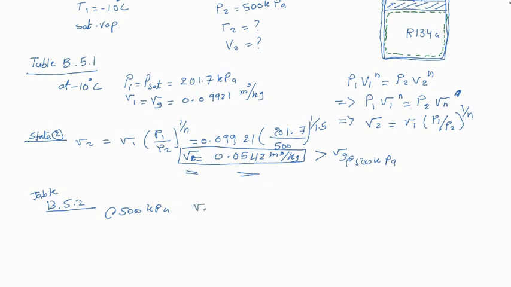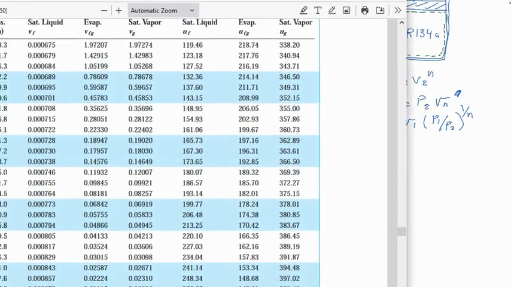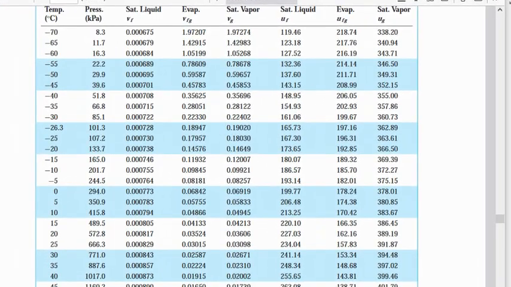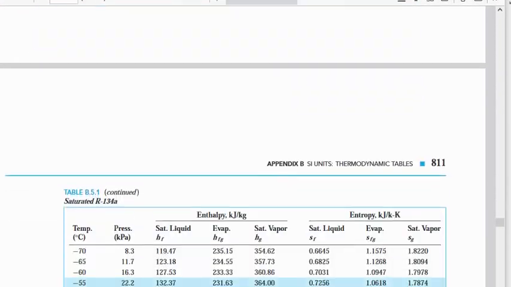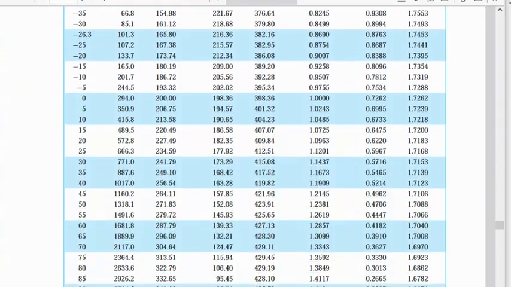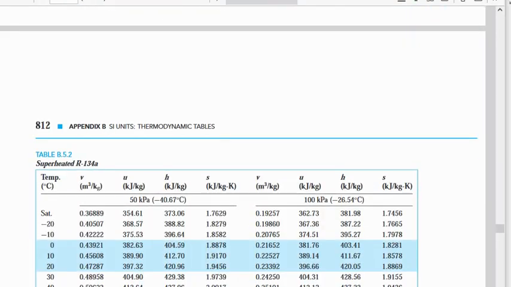This implies we are in the superheated region. So in order to calculate our temperature, we have to go to the superheated table and find values above and lower than the specific volume v2.